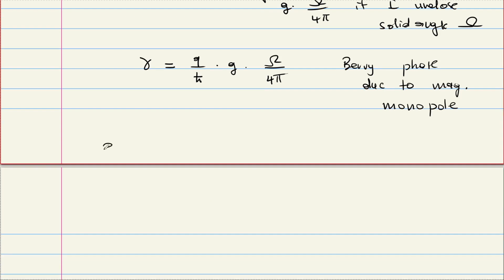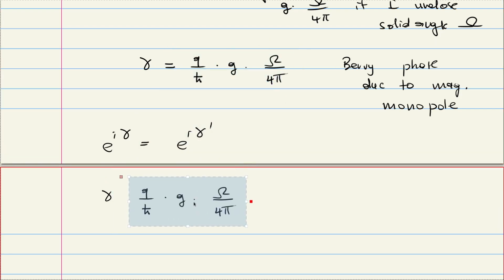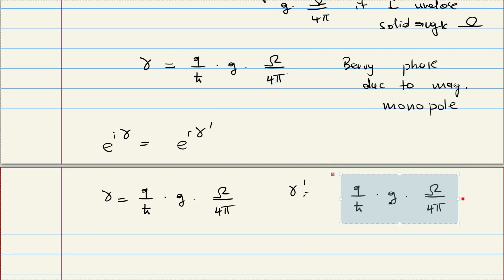So e to the i gamma, this is the first choice, should be equal to e to the i gamma prime. This is the second choice. And gamma we just calculated, so this is the gamma. And gamma prime is exactly the same thing, but for the other solid angle, and because of orientation, I also have a minus sign.